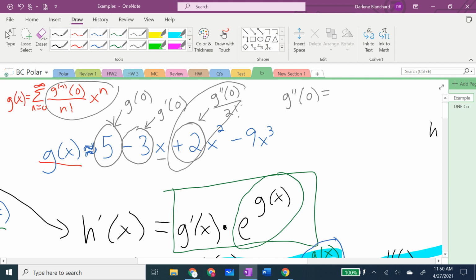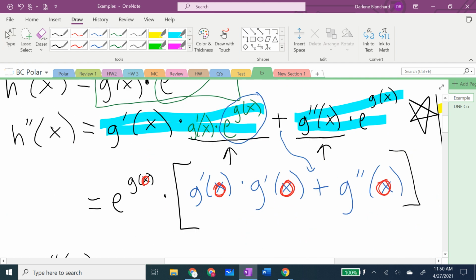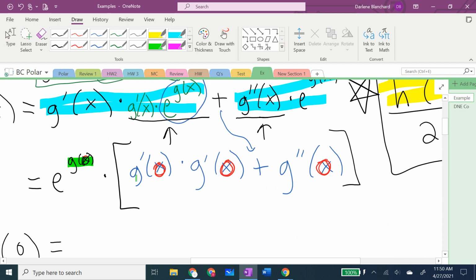So I'm taking positive 2 and I'm multiplying 2 factorial over to it, so I'm getting 4. Now I have my 3 numbers. And I'm going to plug those numbers in to here. And then I'm good to go.